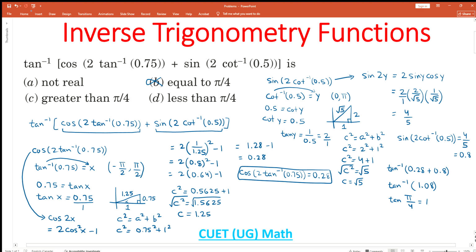Since our term is tan inverse 1.08 and 1.08 is greater than 1, the angle value should be greater than pi over 4. So the answer should be option C. Tan inverse 1.08 is equal to an angle greater than pi over 4. This should be the final answer for this problem.